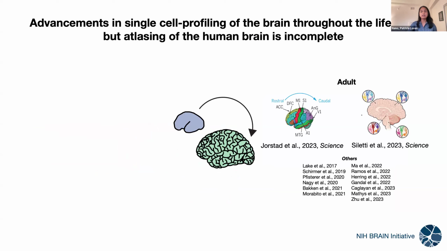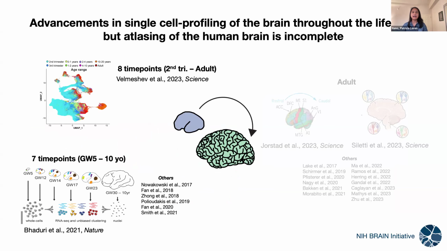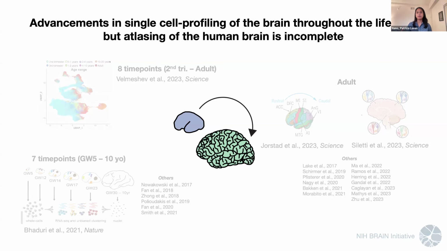And as we've seen before, there are seminal works looking at specific cortical areas at certain time points of human cortical development, including a recent study looking at the second trimester human cortex all the way through adulthood through 8 time points. However, because of the relative inaccessibility of developing human primary cortical tissue, we still don't have one profile looking at the entire human cortex throughout the entirety of the lifespan.